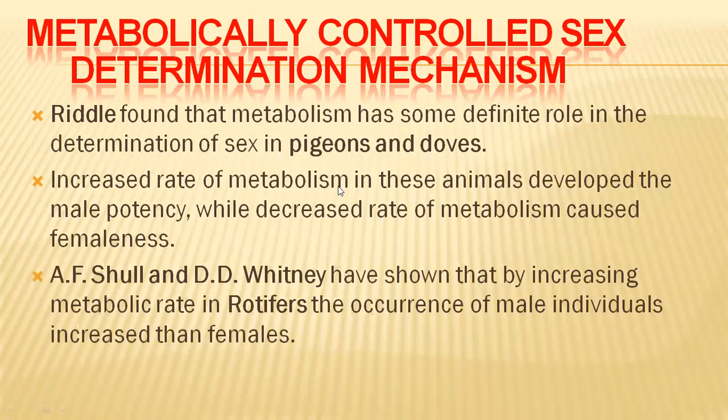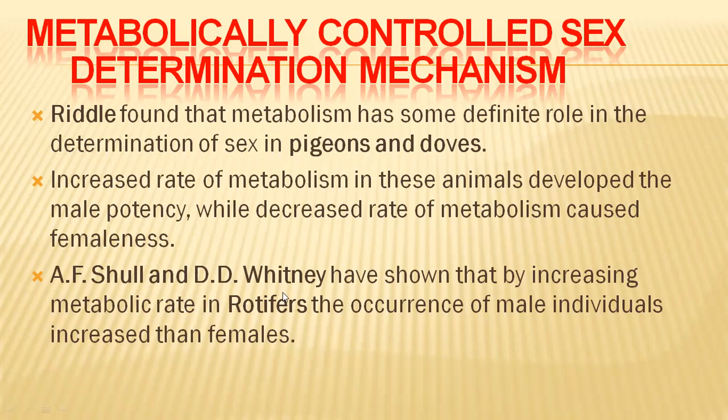When the metabolism of these organisms is increased, that increased metabolism results in the development of male potency. When the metabolism is decreased, that results in femaleness in the embryos. So when the embryos are developing, the metabolism rate decides the sex in these pigeons and doves.